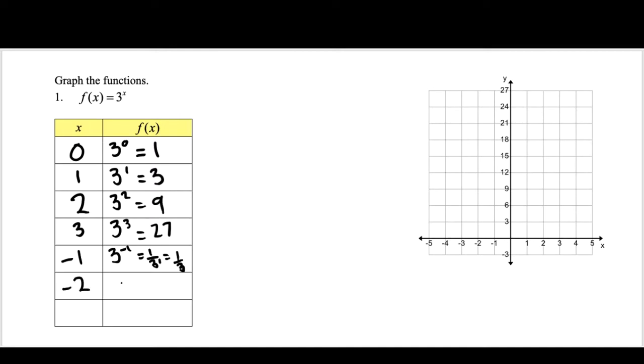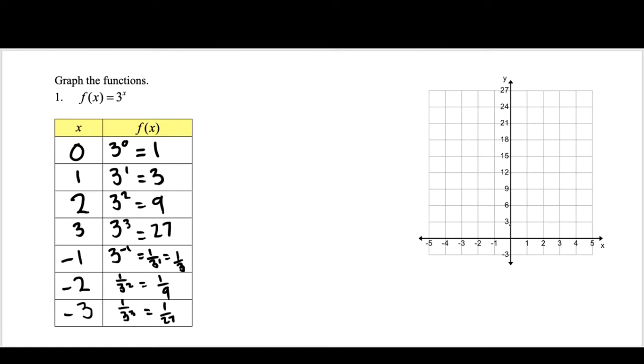Negative 2 would be 1 over 3 squared, which equals 1/9. And maybe one more, negative 3, gives me 1 over 3 cubed, which equals 1/27.